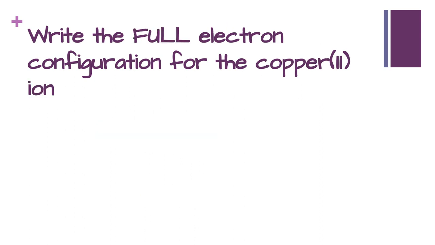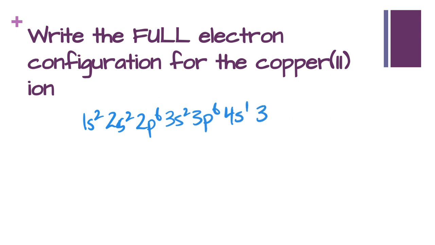Finally, if we want to go for the full electron configuration for the copper 2 ion, let's write it for just copper first. So 3s2, 3p6, and then remember this is the weird one, so 4s1, 3d10.